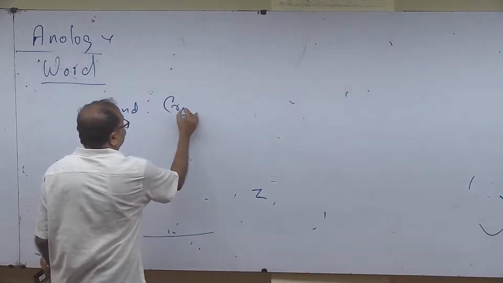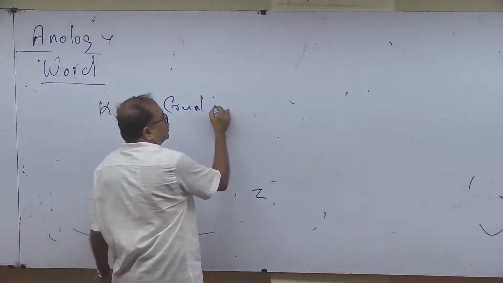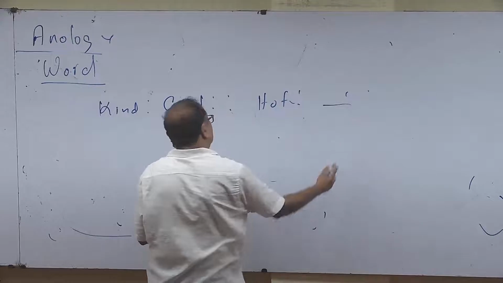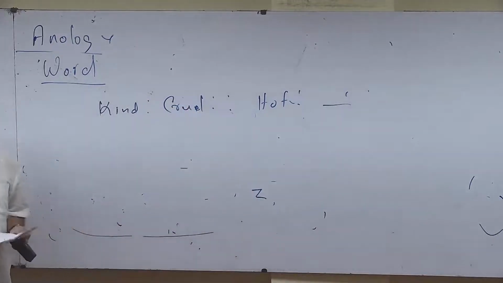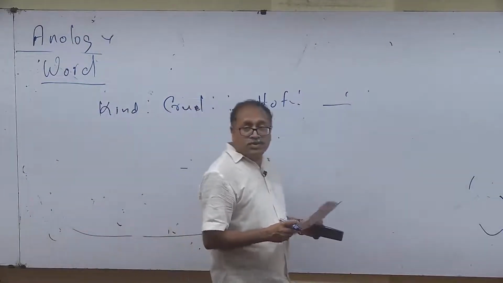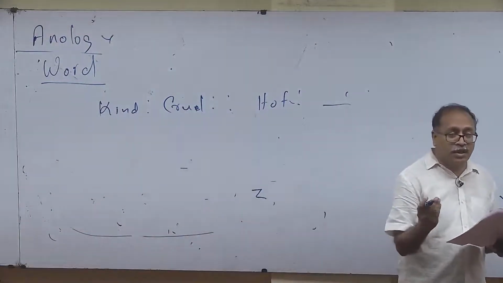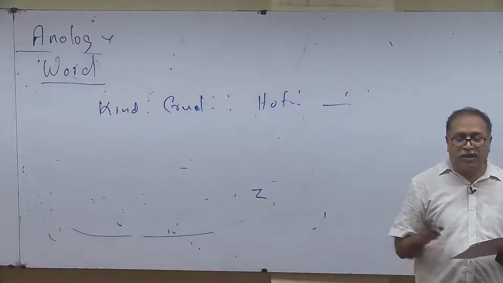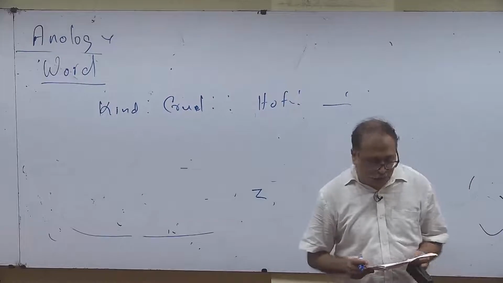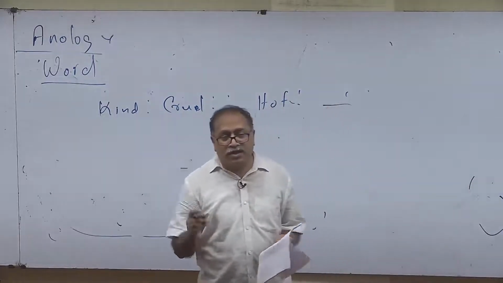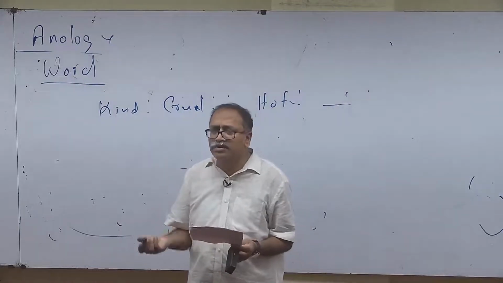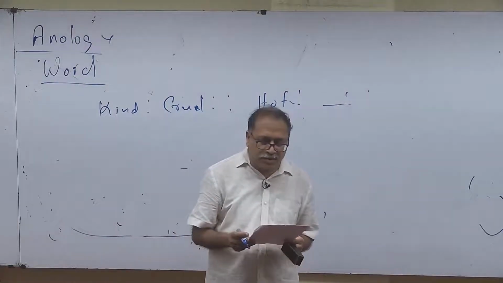If kind is written as cruel, then what should be written for hot? Obviously we are writing the antonyms, so some antonyms and synonyms kind of general activities will be there. Now if I say cabbage and vegetable, then marigold dash flower. These are a few general knowledge kind of questions they may ask, right?